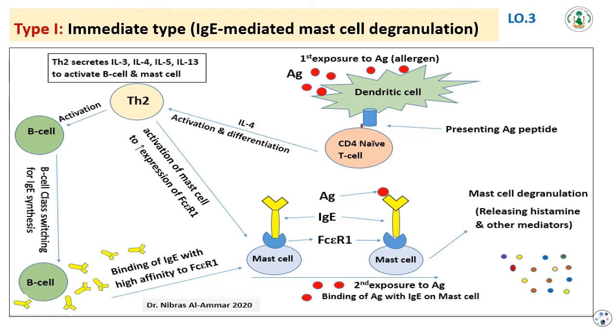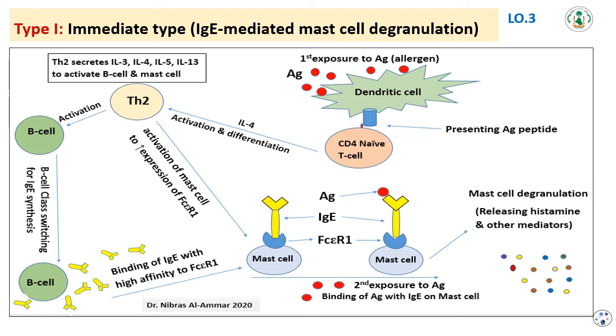In second exposure to the same antigen, the same allergen, the antigen binds with IgE on the mast cell. Now, why does the antigen bind with IgE? Because IgE was made specifically to that antigen from the first exposure.